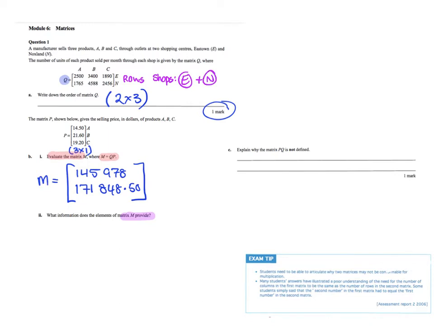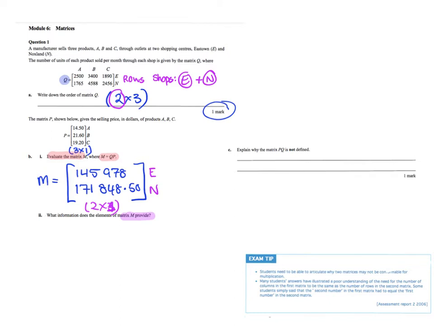So if you look at that, that's what this is. Remember when we found out the order, it's a 2 by 3 and a 3 by 1. What we did is we took the rows of that first one, so those are the rows of these. Those rows represent East Town and Knoxland.